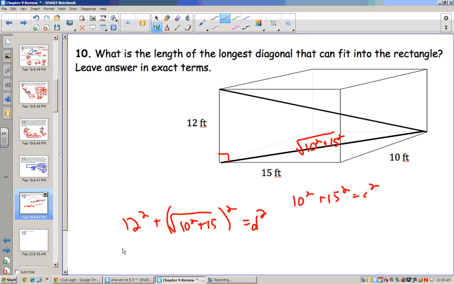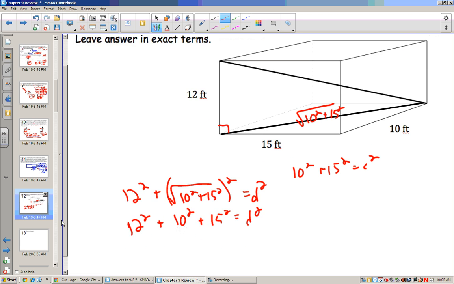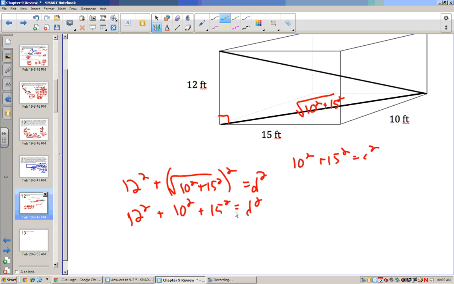So this is the same thing as 12 squared plus 10 squared plus 15 squared, which is your Pythagorean theorem for 3 dimensions. A squared plus b squared plus c squared equals d squared. So if you know that, you don't have to go through all of those steps. So we just take 144 plus 100 plus 225, which is 469.